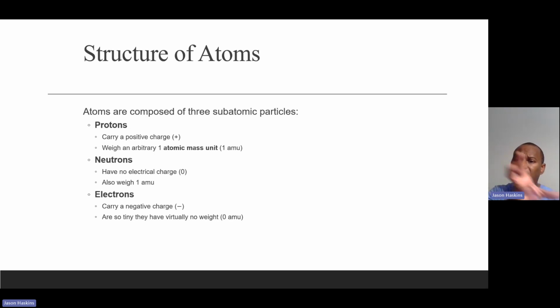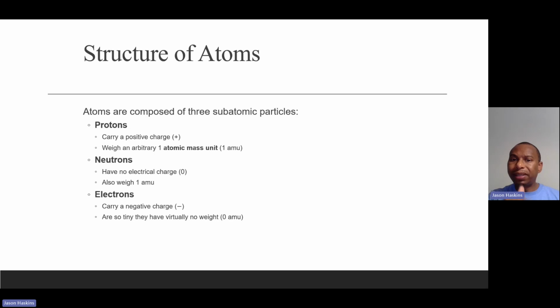Now, these electrons are going to be orbiting around the nucleus of that atom. The nucleus has the protons and the neutrons inside of it. That's what's going to contribute to the atomic mass of that particular element.